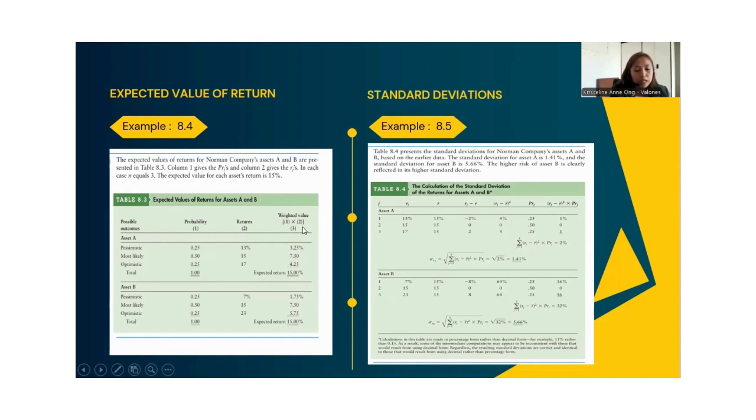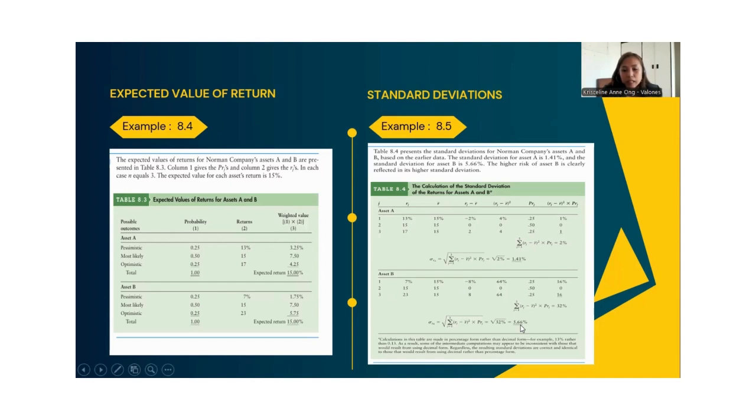So you will see here that they have the same expected return, 15%, both of them. In standard deviation, we'll see that in asset A the calculated standard deviation is 1.41%, whereas in asset B the standard deviation is 5.66%.